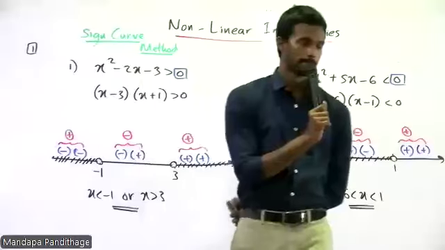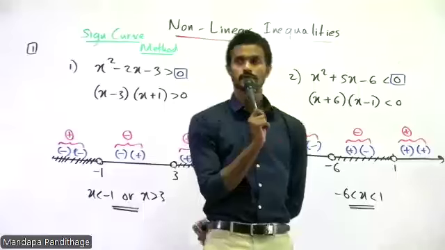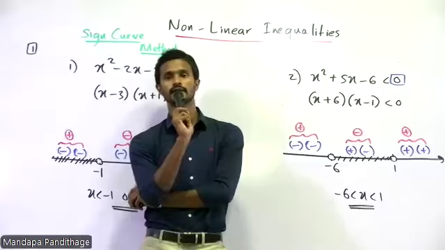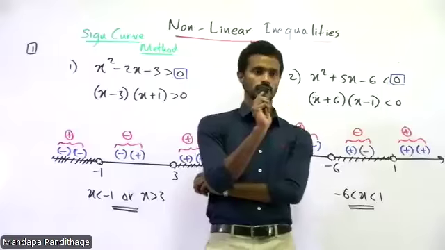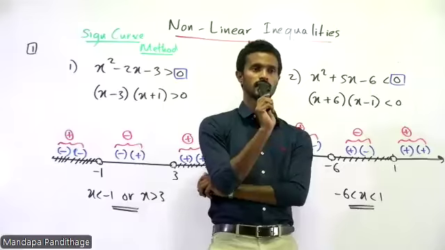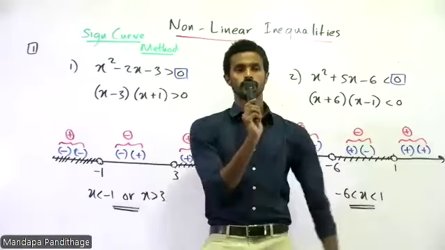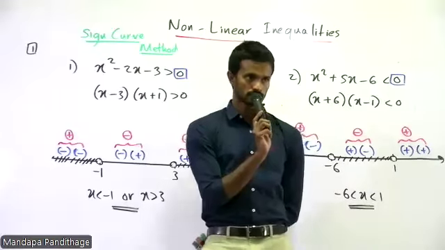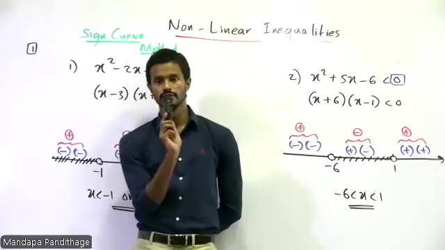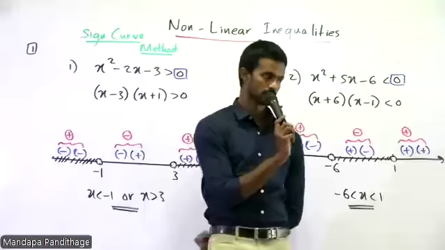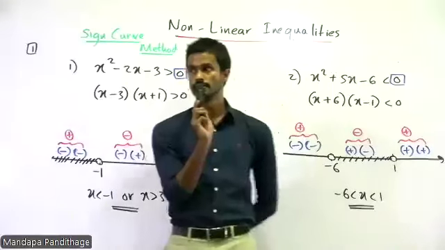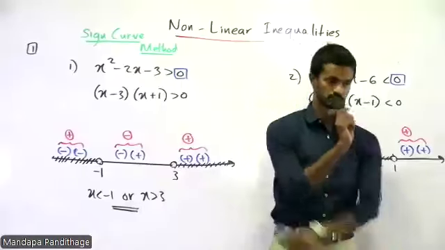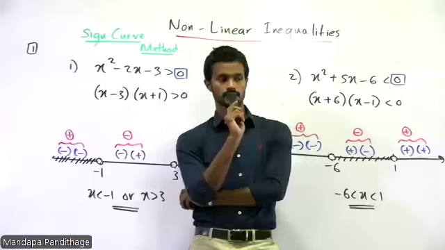The first one: take all the terms to one side of the inequality, making the other side 0.